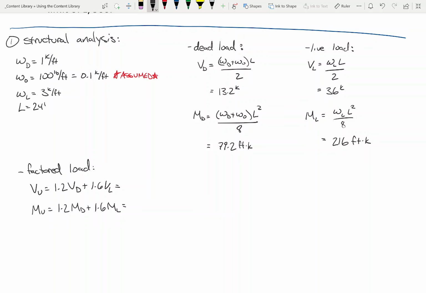This one ends up being 73.44 kips, and this is 440.64 foot-kips.